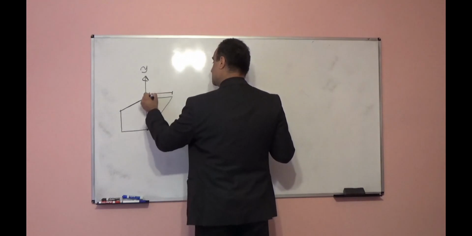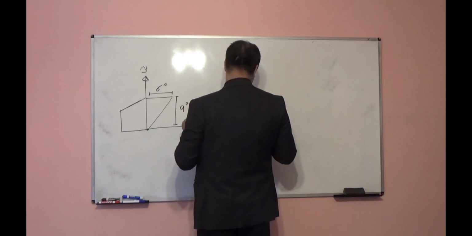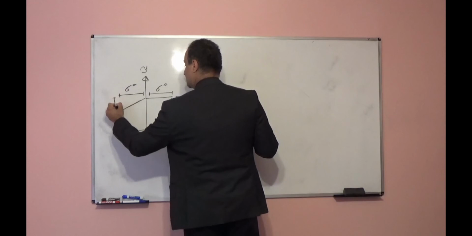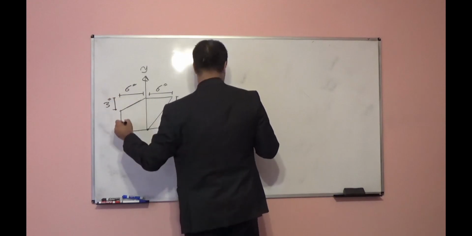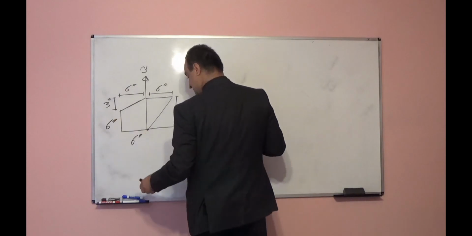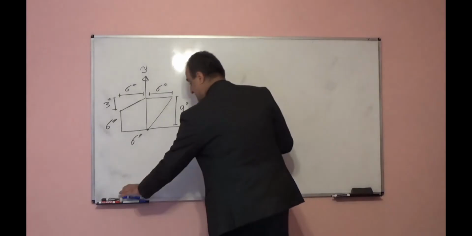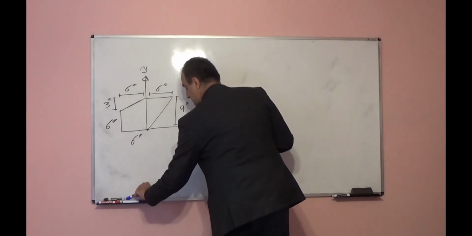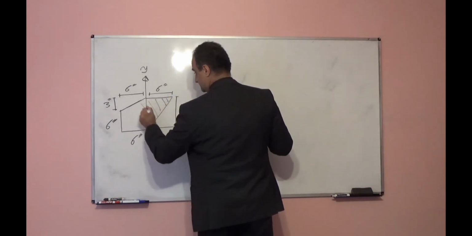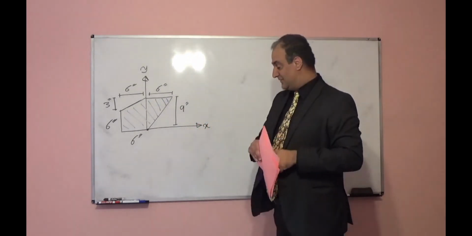Dimension 6 inch, 9 inch, 6 inch, 3 inch, and 6 inch and 6 inch. So I want to find centroid or center of area for this shape. How I will find it?